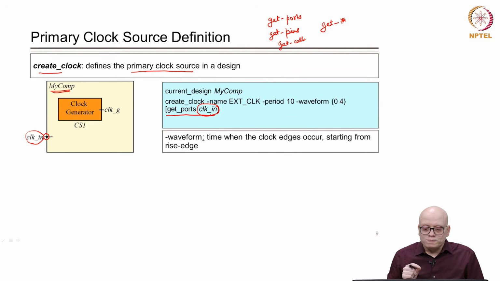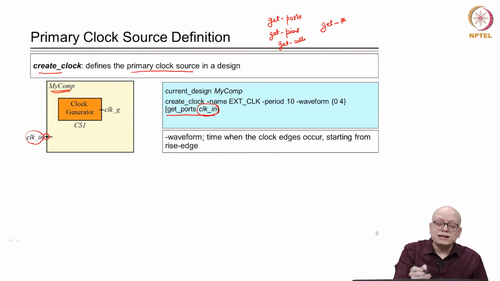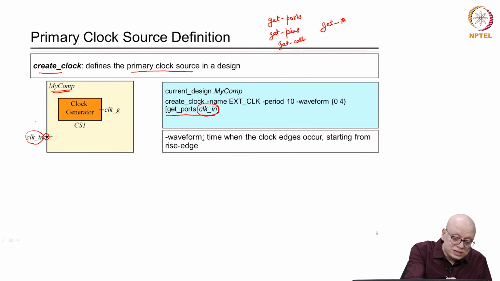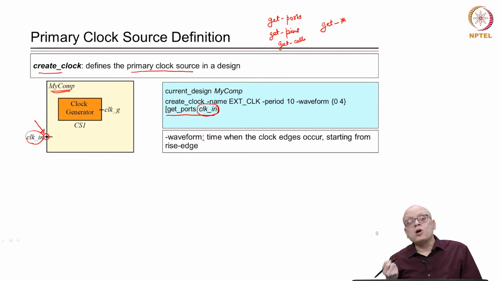Whenever we write a constraint or an SDC command, that command is defined on some design object. In this case, the create_clock command is attached to the port whose name is clock_in.